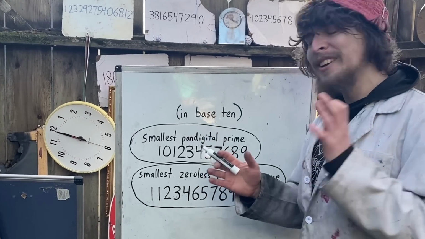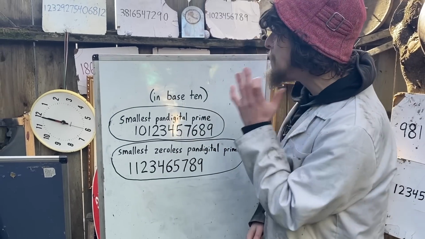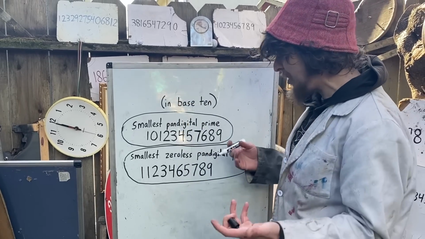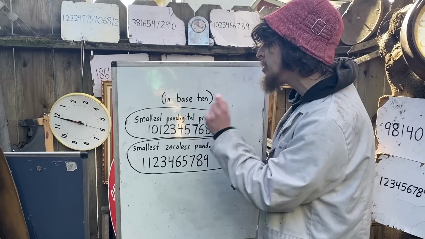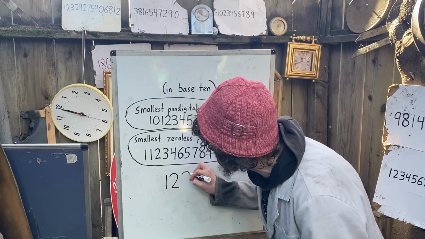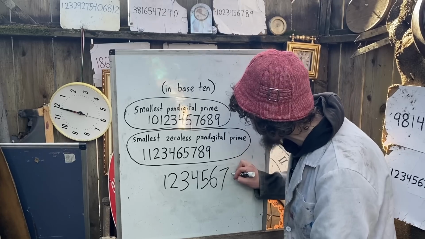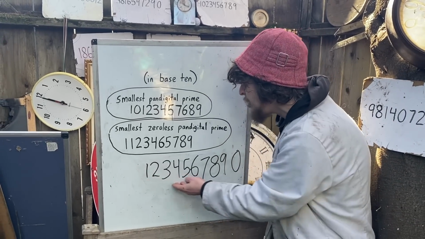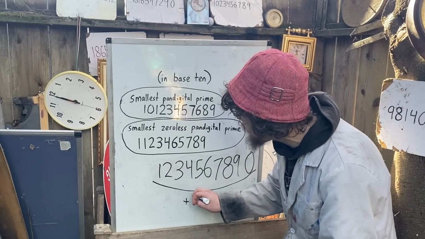And that's because in our base 10 way of writing numbers, it's impossible to have a minimal pandigital prime, zeroless or regular. And that's because any pandigital number that doesn't repeat digits in our base is basically putting the digits between 1 through 9, and whether or not we have a 0 in the mix or not, any ordering of these digits adds up to 45.